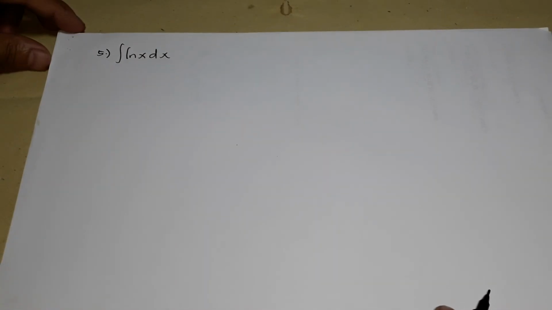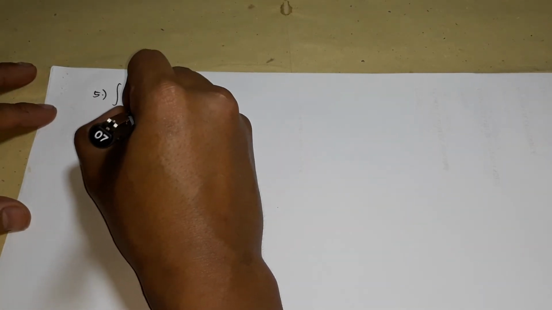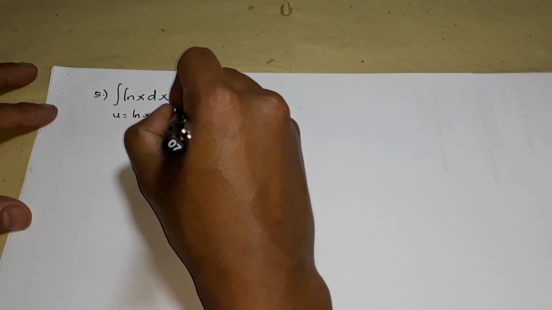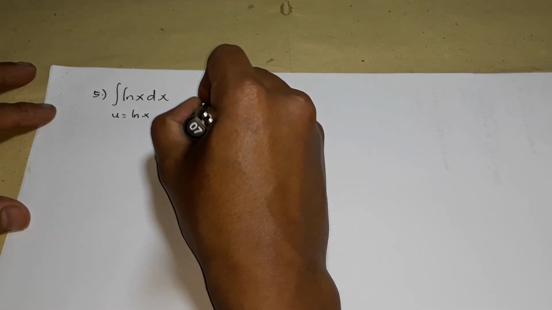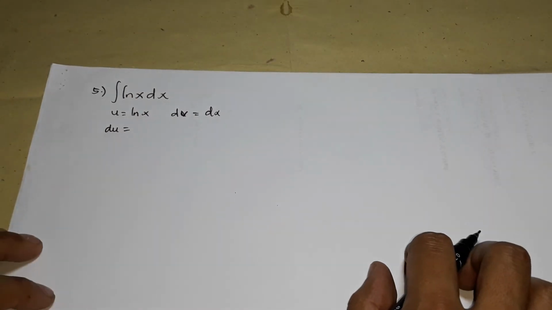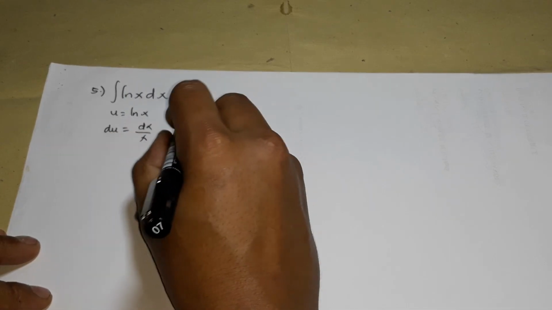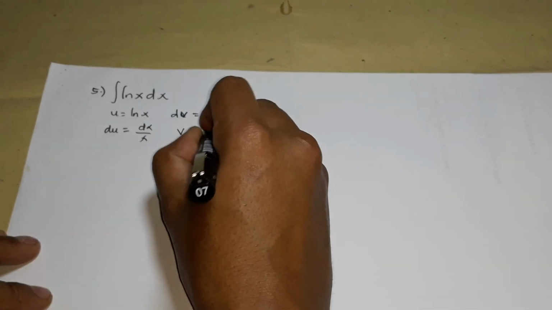So in the case of ln x dx, again, there is no existing direct formula for the integral of ln x dx, and we try to generate it by applying the integration by parts procedure. So we let u be equal to ln x, and then dv equals dx. So we differentiate u, so that gives us du, and the derivative of ln x is dx over x, and then dv, the integral is v, and the integral of dx is x.